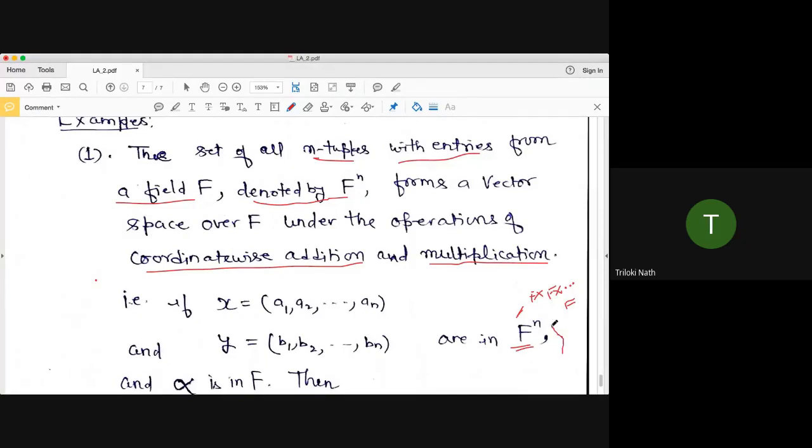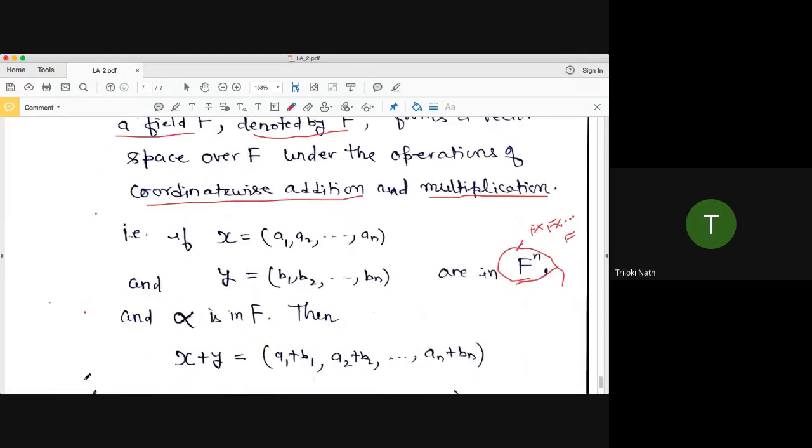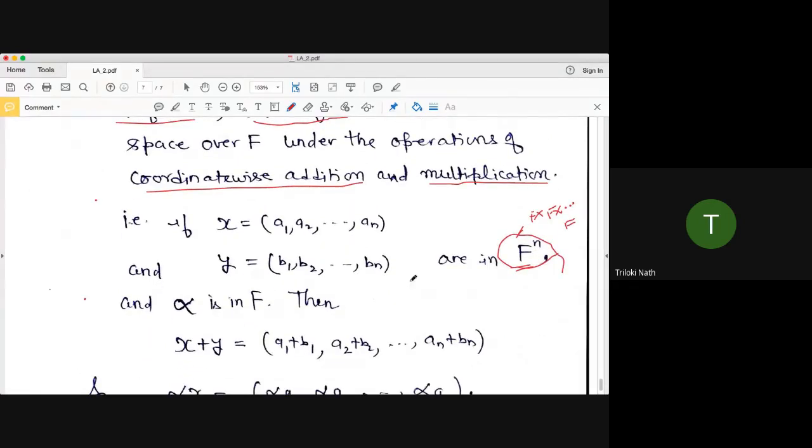So in short, it is written as F^n. Suppose alpha is any scalar in F. Then how do we define the addition operation? You just add component-wise. So this plus is not the usual plus, okay? In some books you will find it written differently, for example in Hoffman and Kunze, Linear Algebra, the operation is depicted like this.